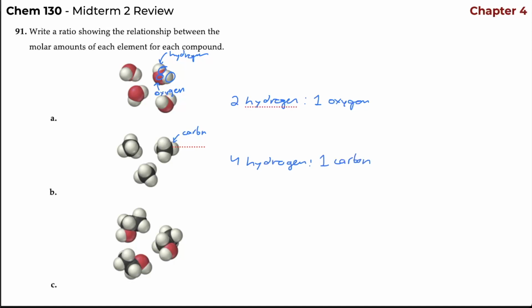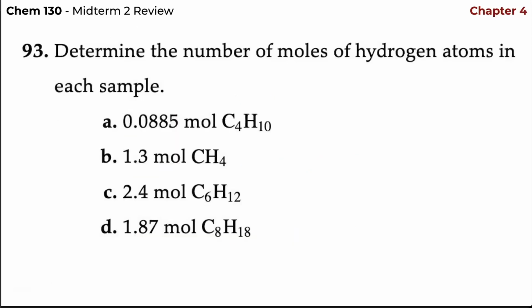And this one is six hydrogen to two carbon to one oxygen. I know this is a little confusing because the carbon's kind of hard to see, but that's really the answer, and it shouldn't be too hard once you know how to do it.